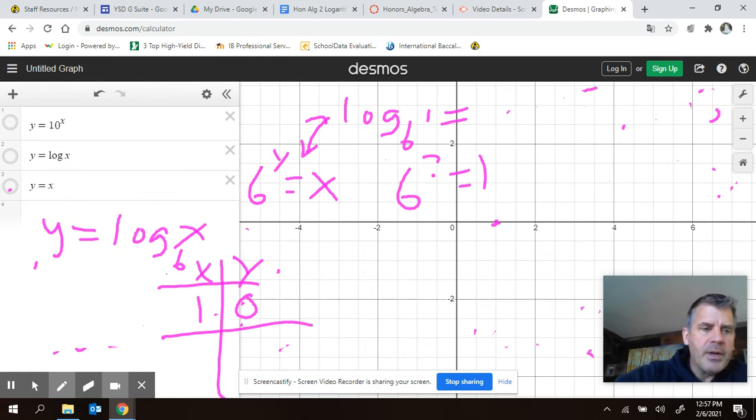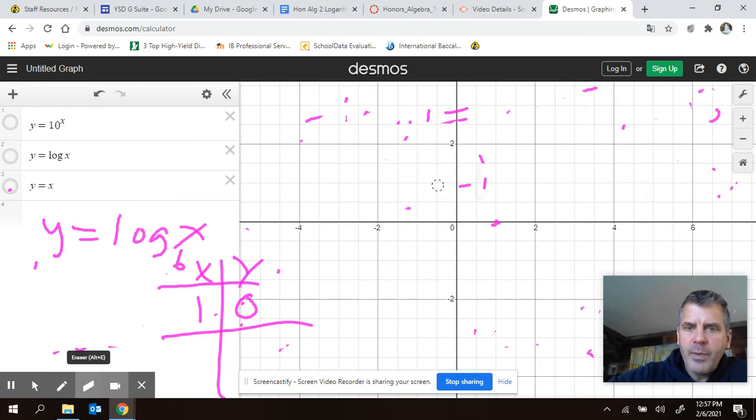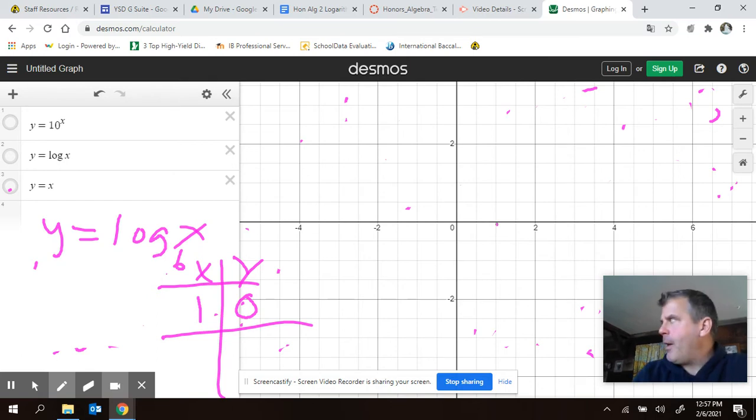Okay? And now we just keep playing this game. We're just going to keep writing in here and evaluate as we go. I know I just erased that first coordinate, but here we go. All right, so what power of 6 could I get -1?